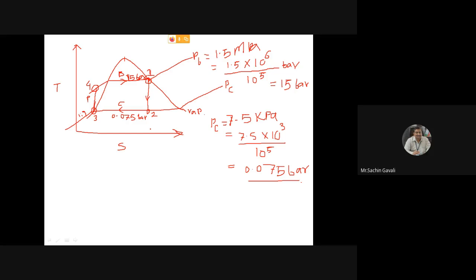Diagram is over. Write completed. And the diagram and this calculation, given data: boiler pressure, condenser pressure, everything.